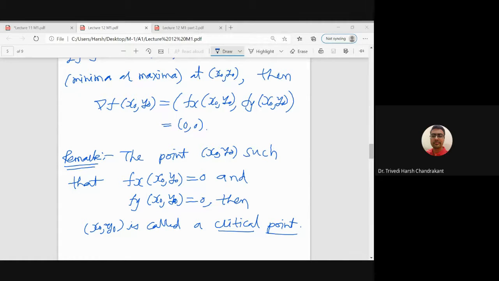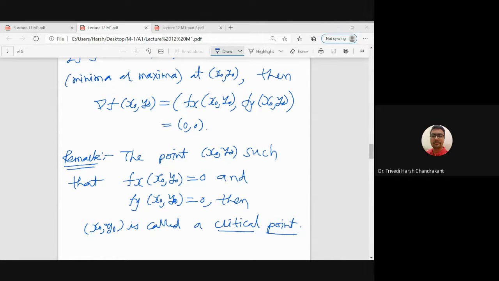So this is the way we find the critical points in one variable. We take the derivative equal to 0. But now this is a two variable function. So we take partial derivatives to be 0 and both the equations should be satisfied. So we find all the values of x, y such that fx equals 0 and fy equals 0. All the possible values of x and y are the critical points.